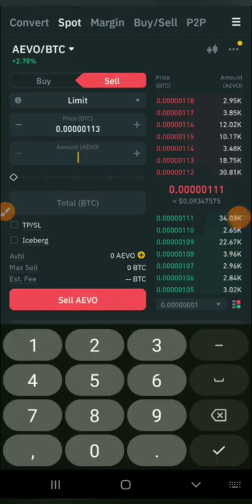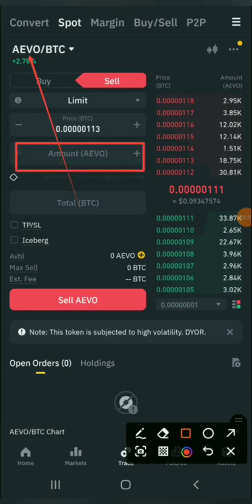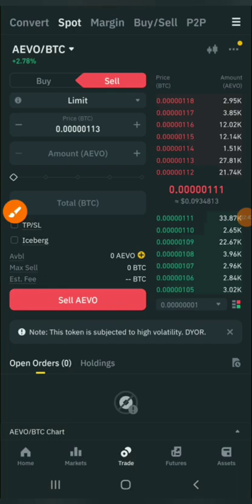All right, guys, now we are on the sell section of AEVO BTC, right? So all we have to do now is to put in the amount of AEVO that we bought using USDT, right here. Remember, we bought 10,672.35, so approximately 10,672.